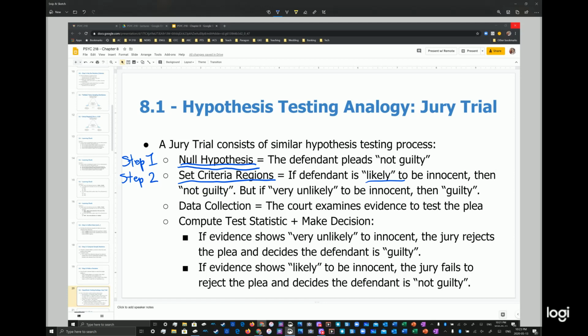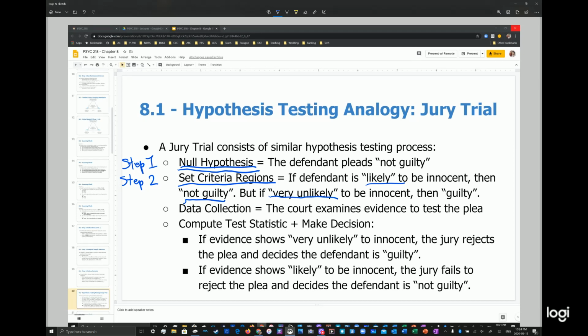However, if the evidence shows, hey, this defendant, this suspect, is not like everybody else, I mean, he or she really did something, and the evidence really shows that this person did something to commit the crime, then this person would be unlikely to be innocent, and very unlikely, then that person would be guilty.